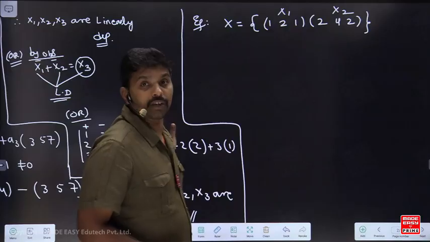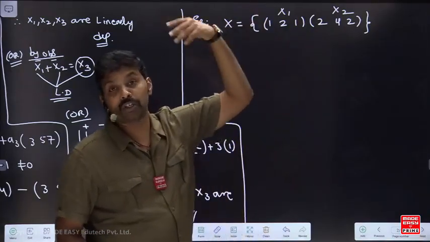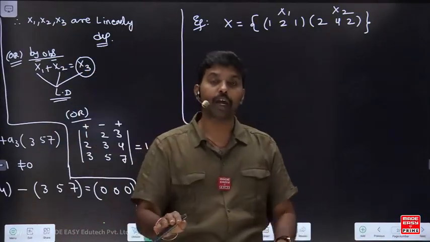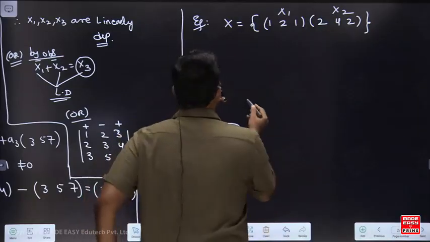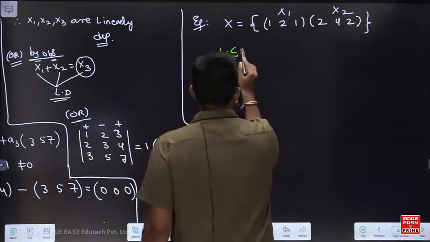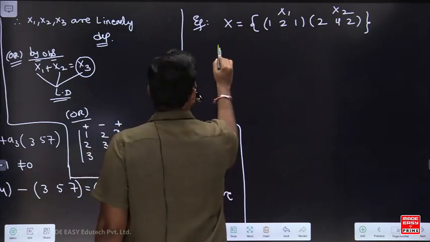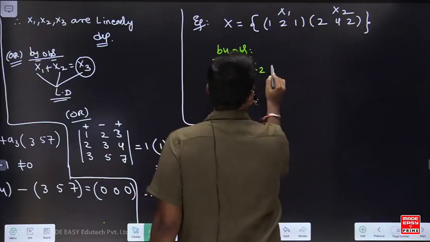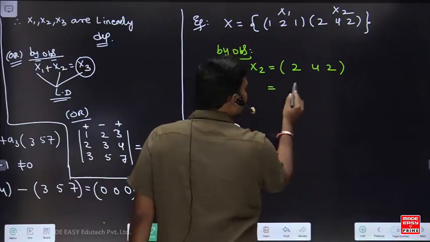So the determinant is for three vectors of 3 dimension. This is for two vectors of 3 dimension or 4 dimension or 5 dimension. When we have only two vectors, how do you see the linear dependency between those two vectors? See, my dear, this is simple. By observation, if we take x2, that is 2 4 2, can I take 2 common from this?